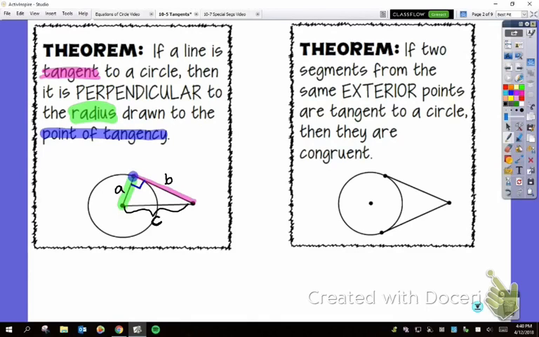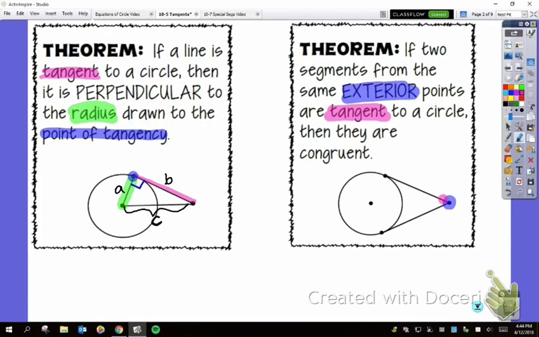Okay, our second theorem says that if two segments come from the same exterior point and are tangent to a circle, then they are congruent. So here's that point. This point, the exterior point, is on the outside of the circle. So we have two different tangent lines that we're looking at here.